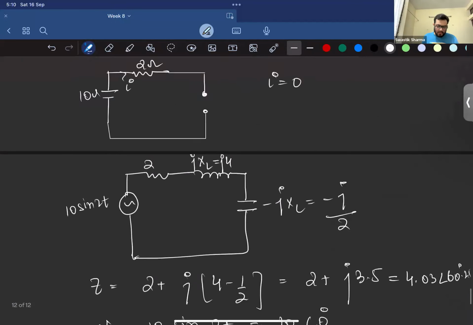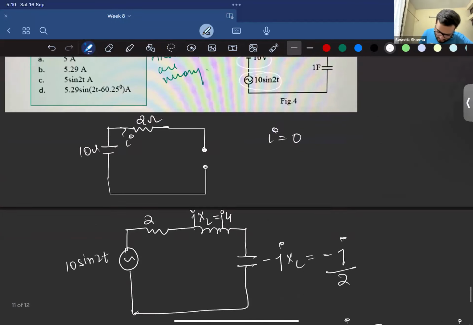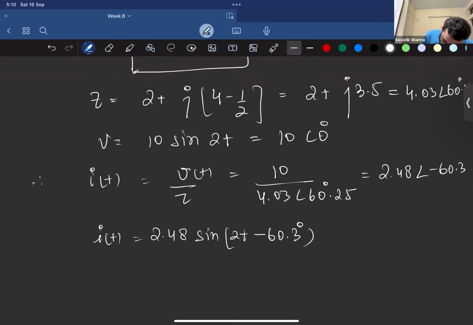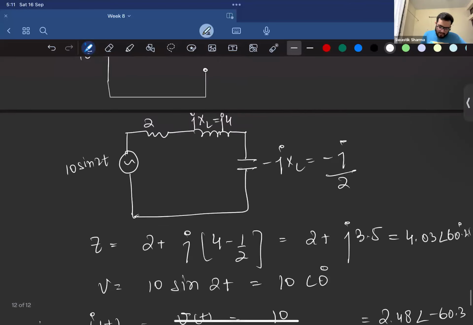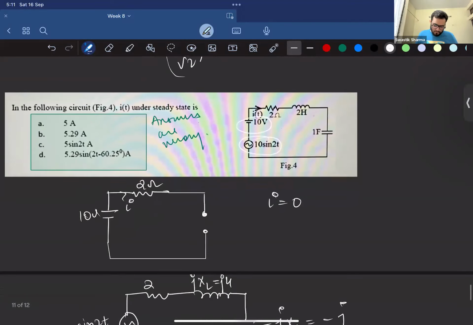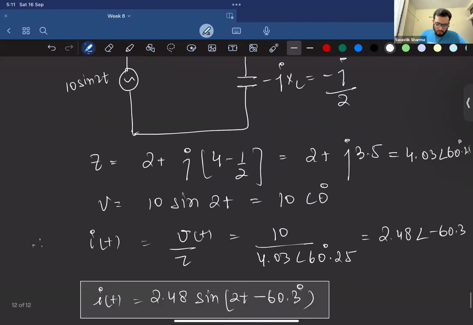Sinusoidally it can be represented as 2.48 sine 2t minus 60.3 degrees, right? So that means IT is what? IDC plus IAC, which comes out to be 2.48 sine 2t minus 60.3.